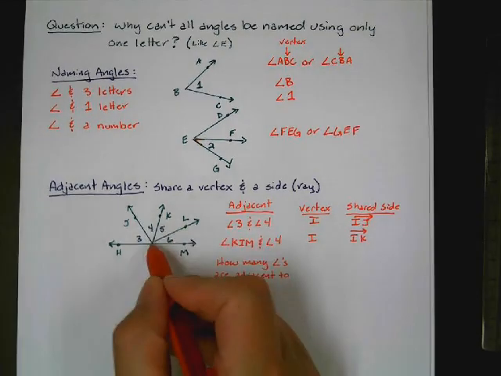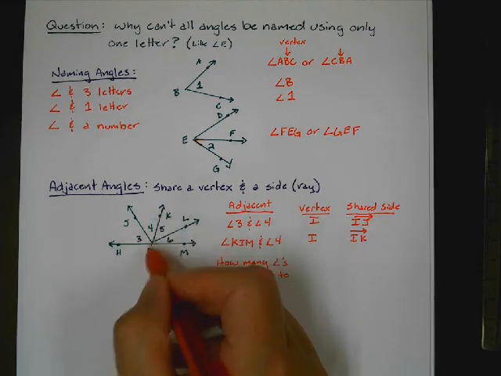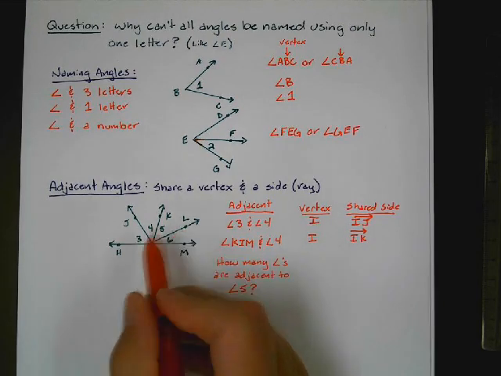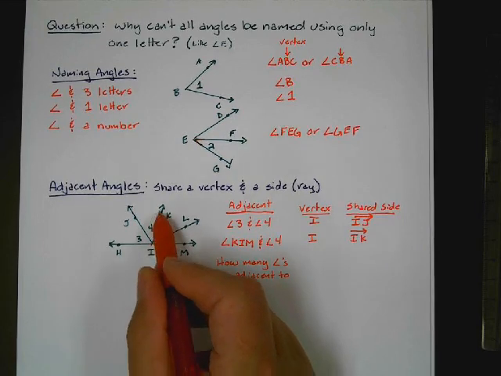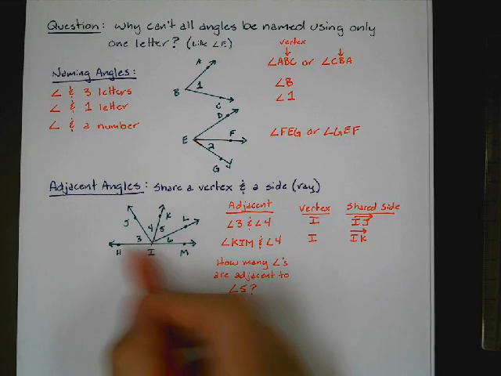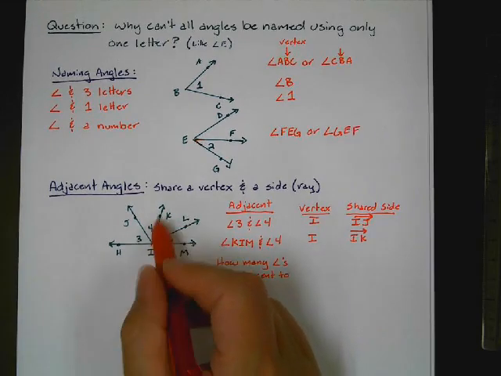So angle 4 is adjacent because it has a vertex of I and it shares IK. Angle 6 is adjacent because it has a vertex of I and a side of ray IL. But we can also think of KIH as being adjacent. So it has vertex I, and it has the ray IK as a shared side.